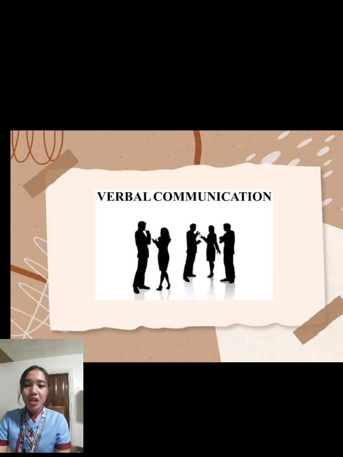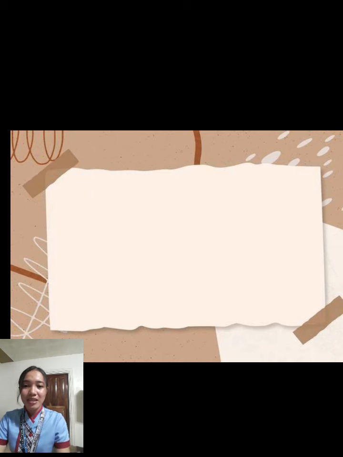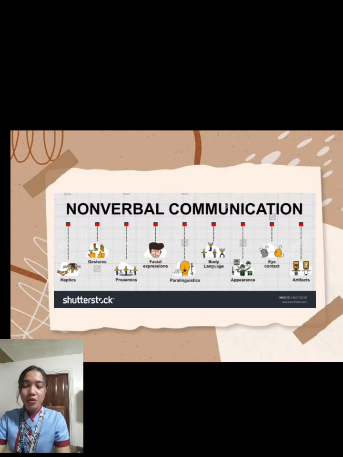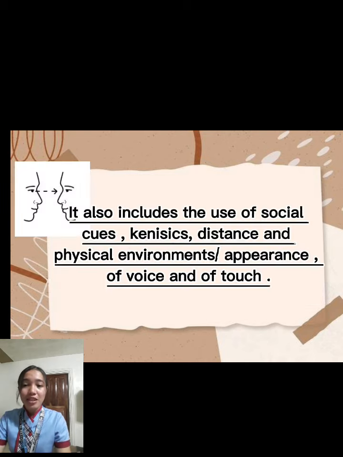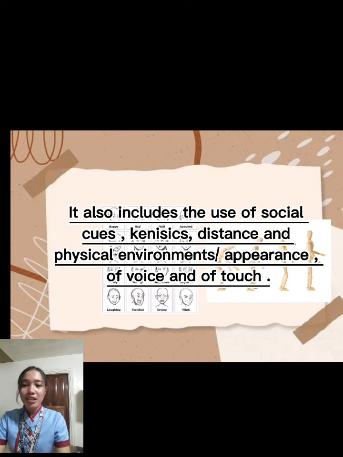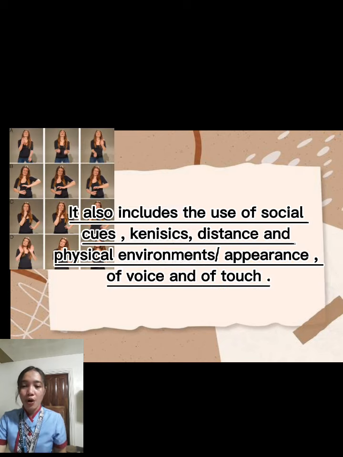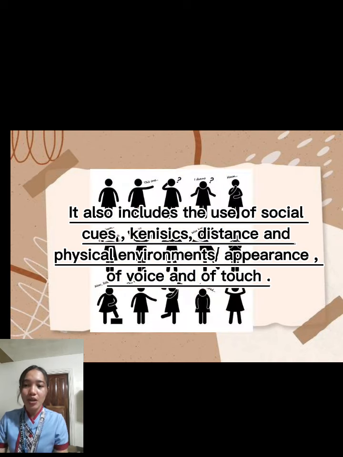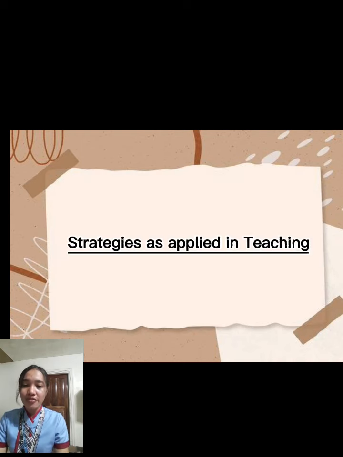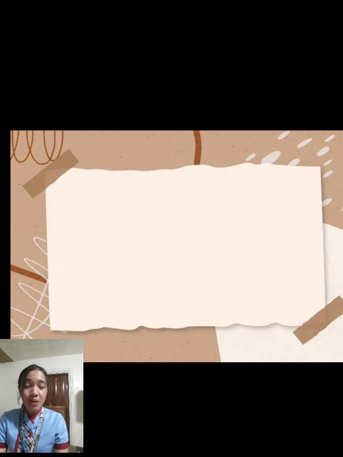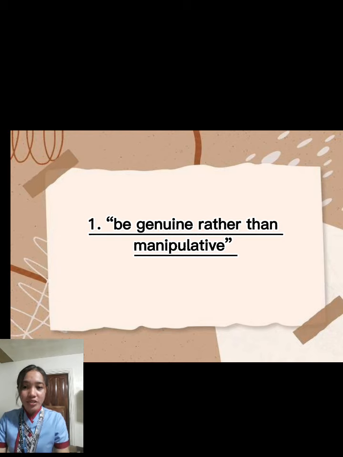Verbal communication refers to the production of spoken language to send an intentional message to a listener, while nonverbal communication is the transmission of messages or signals through a nonverbal platform such as eye contact, facial expression, gestures or posture, and even body language. It also includes the use of social cues, kinesics, distance, and physical environment or appearance, of voice and of touch.